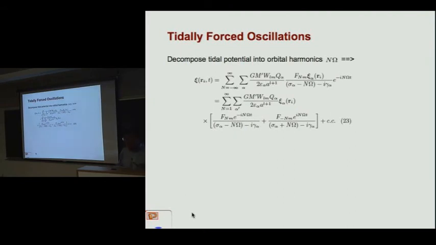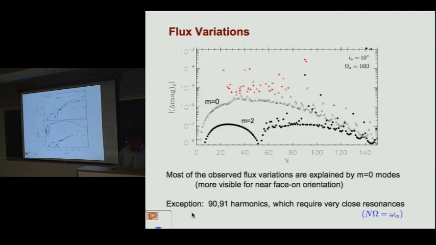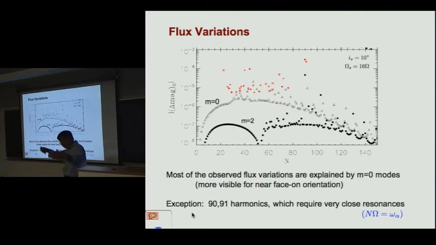You can translate that into the flux variation. So here's what you get. Here it's basically the flux variation induced by the tide. The tide makes the oscillation.